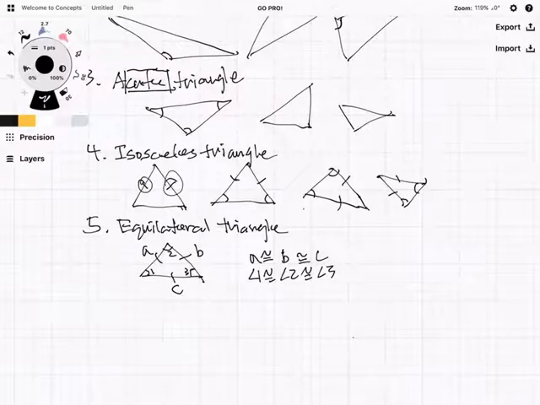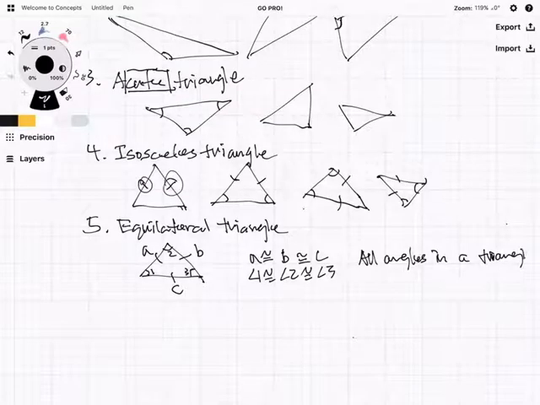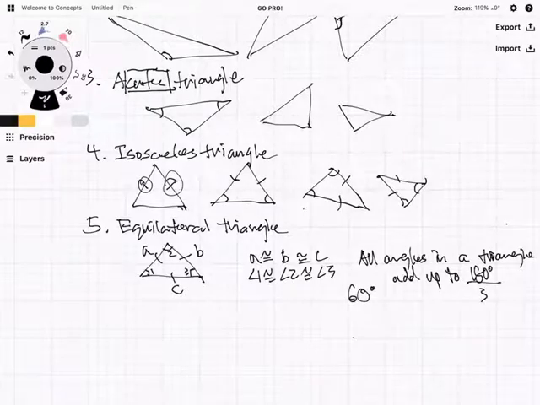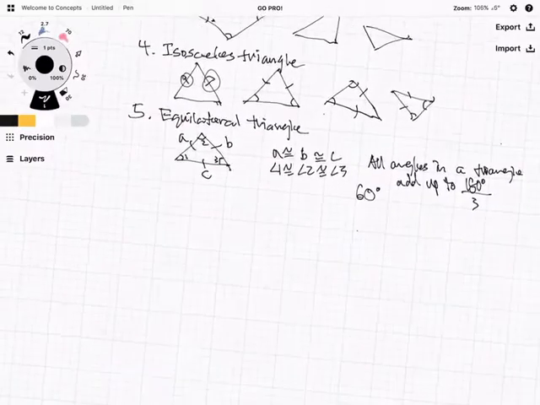Since we know that all angles in a triangle add up to 180 degrees, and since all three of these angles are congruent, each angle would equal 60 degrees, which is 180 divided by 3. So that's the gist, again, of an equilateral triangle.